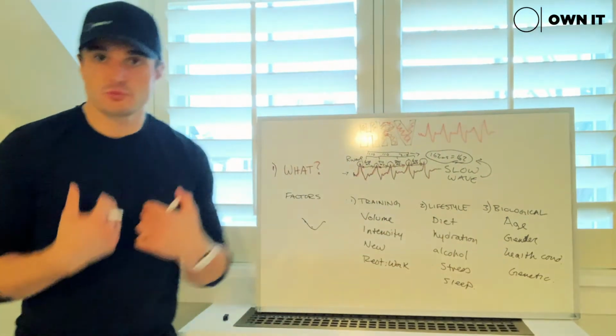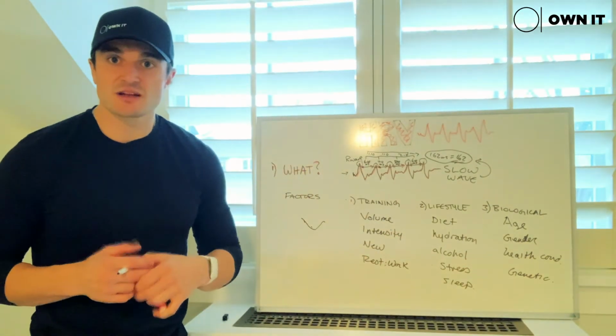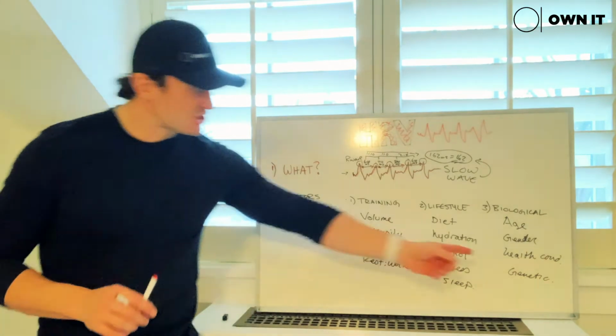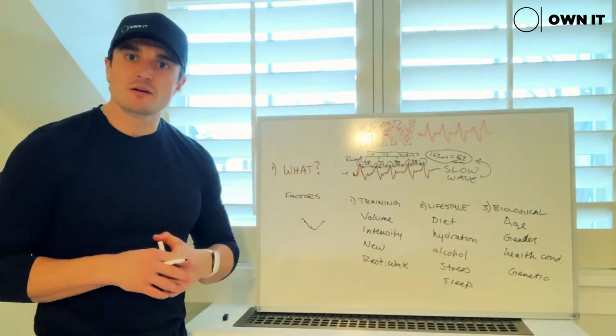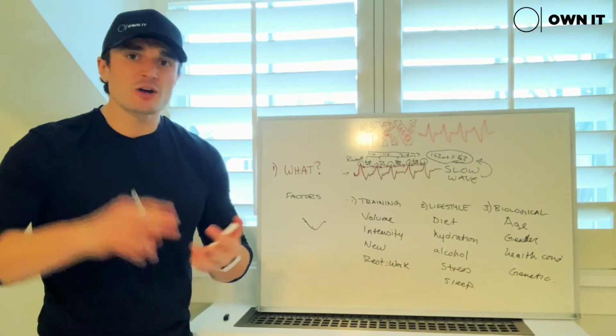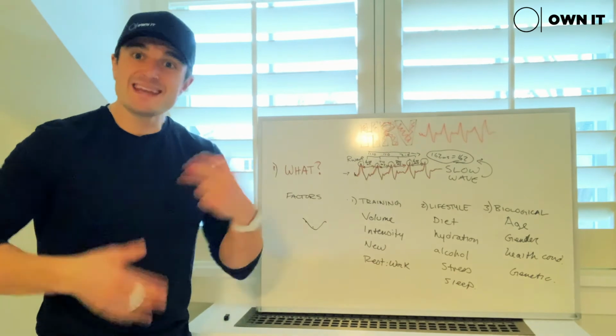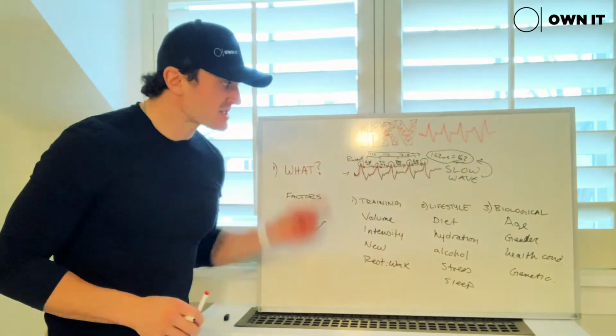And then obviously, working with Own It, we always do a DNA genetic test on every single one of our clients. Why? Because genetics has such a big influence on what goes on inside our bodies, from HRV to heart rate to all of these other factors. We need to know what is going on, and thus we can put this puzzle together.